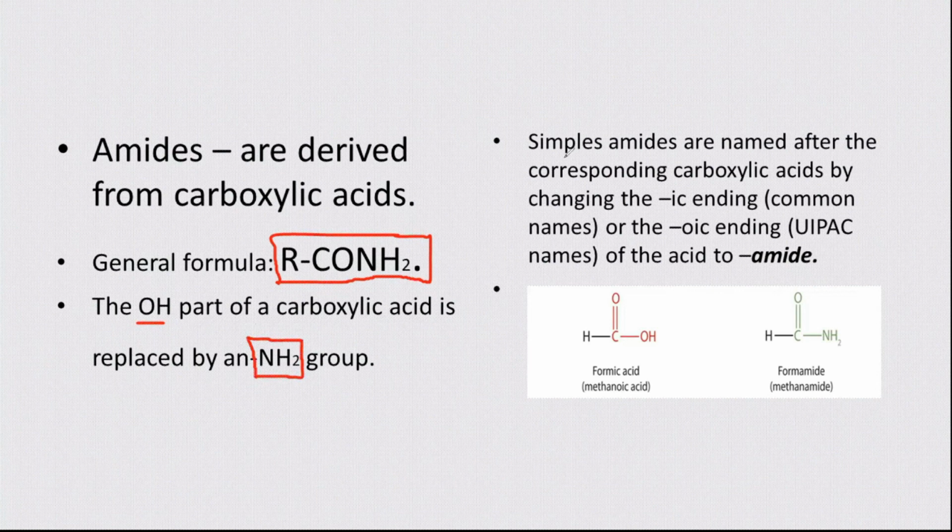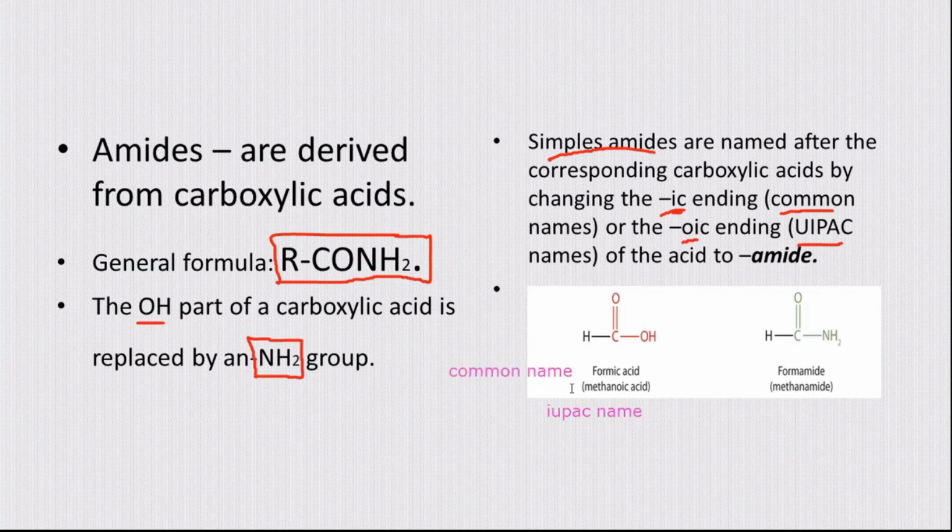Simple amides are named after the corresponding carboxylic acid by changing IC in common names. Di ba we have common names and IUPAC names? In common names, the ending is IC. In IUPAC names, the ending is OIC.